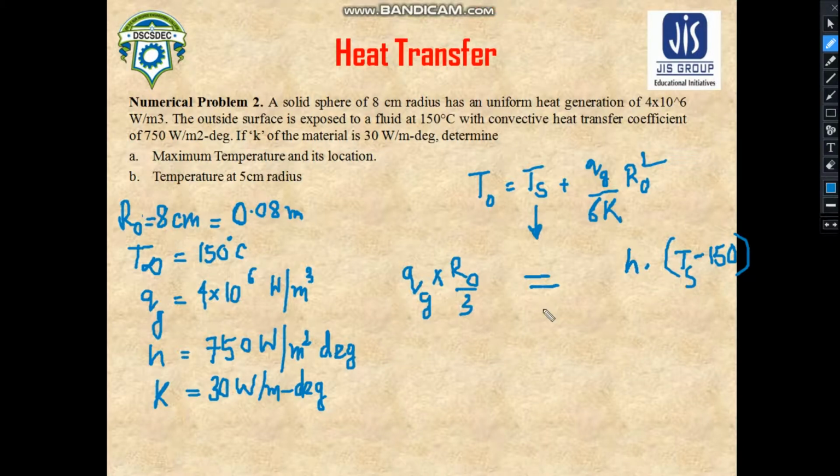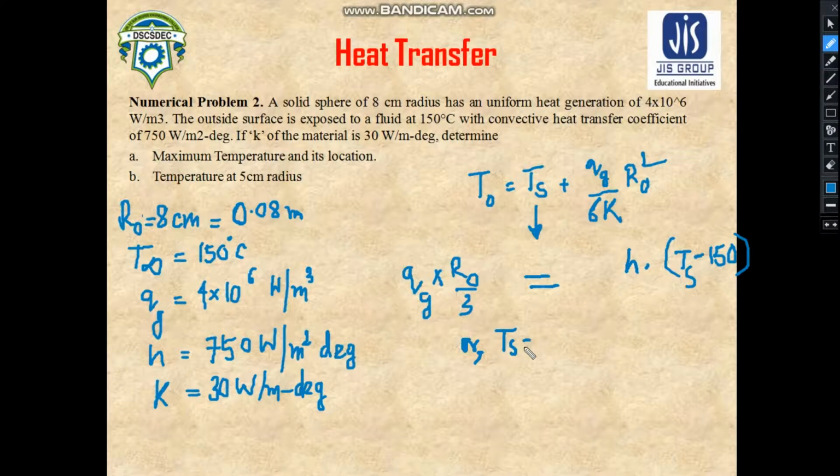After doing the calculations, I think you were able to understand how we can reach the solution, and you will find that this Ts would be 292.22 degrees Celsius. Okay, so very simple calculations.